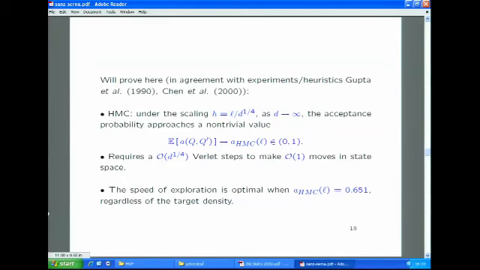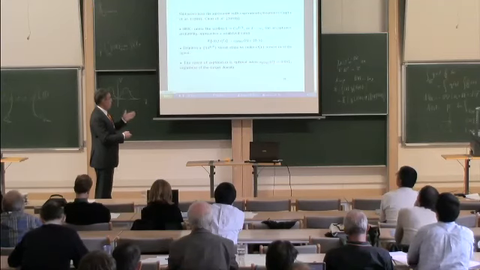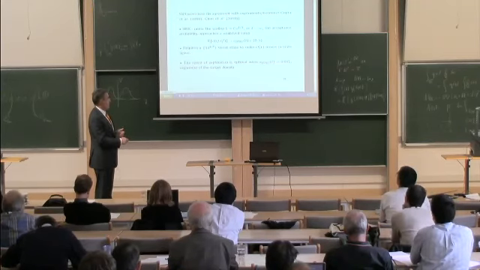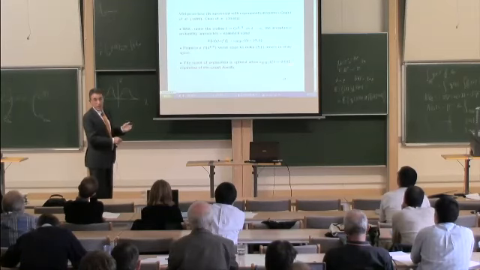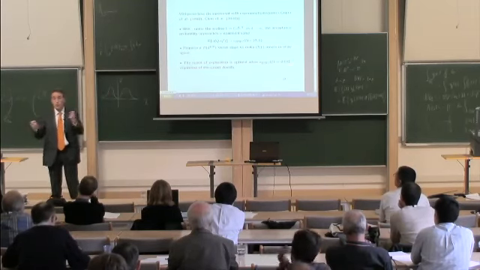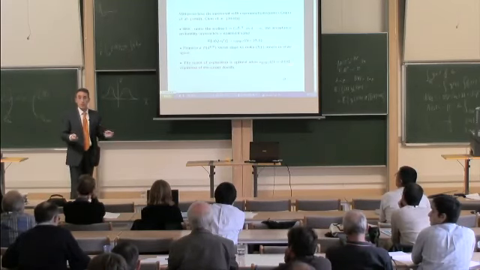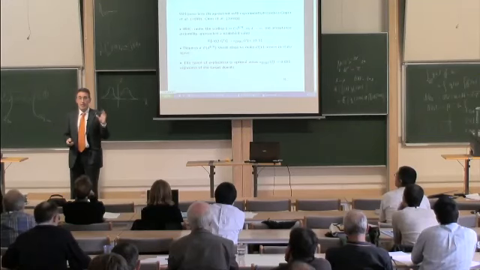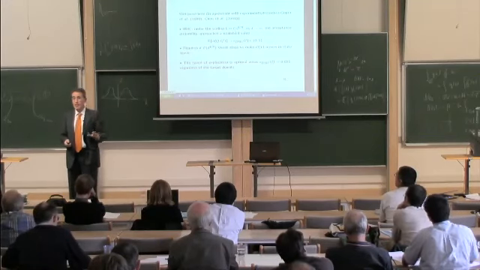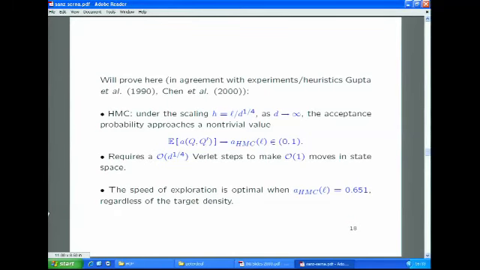And the speed of exploration of state space is optimal when you observe this acceptance ratio, roughly 2/3. Again, it's not very important, that's 2/3, a half, a quarter. What's important is that we've got a yardstick to ascertain whether we are being very aggressive in our proposals or otherwise.